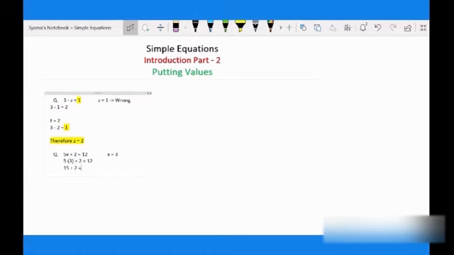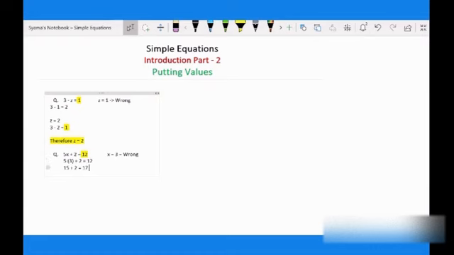In the question we see that the answer is 12, but when it comes to our answer, it's 17. The value of x is not 3. Therefore, this is wrong.